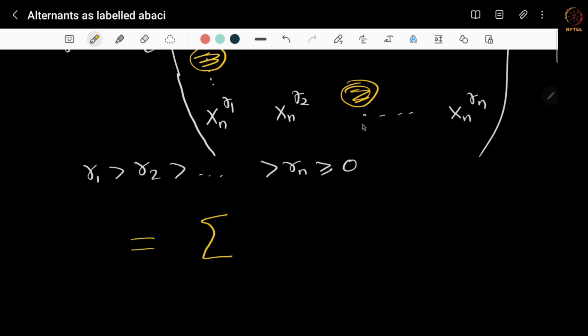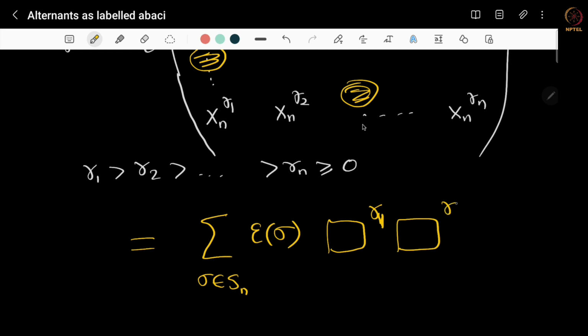It's a sum over all permutations sigma in Sn of the sign of that permutation times something raised to the gamma 1. Right? So I've got one of the xi's raised to the power gamma 1. This is what I pick from the first column, something raised to the gamma 2, and so on, some xi raised to the gamma n.